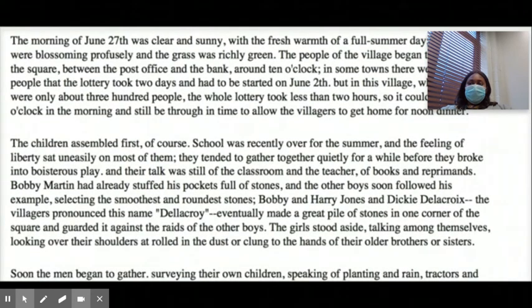Bobby and Harry Jones and Dickie Delacroix, the villagers pronounced this name Delacroix, eventually made a great pile of stones in one corner of the square and guarded it against the raids of the other boys. The girls stood aside, talking among themselves, looking over their shoulders at rolls in the dust, or clung to the hands of their older brothers or sisters.